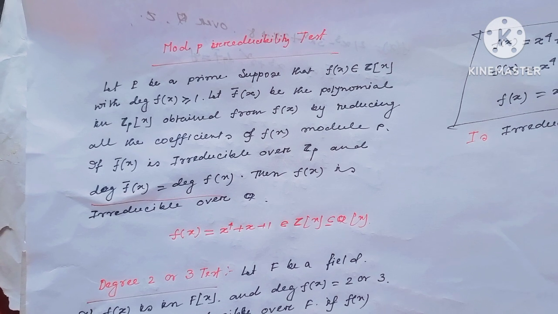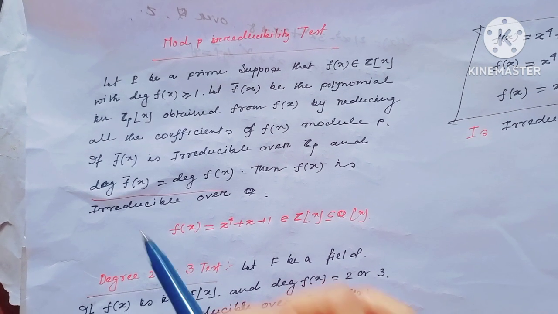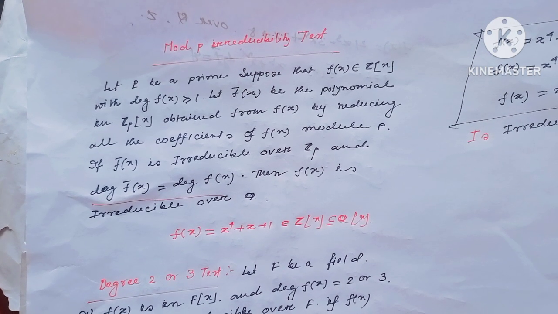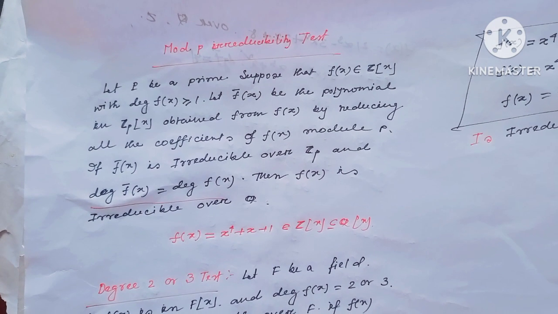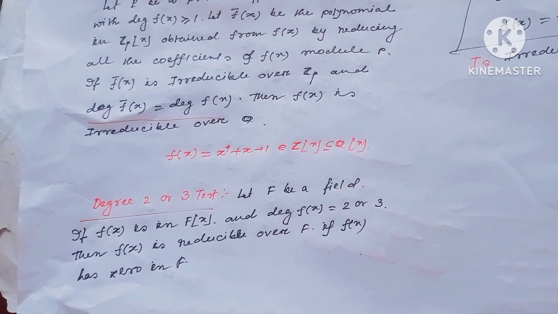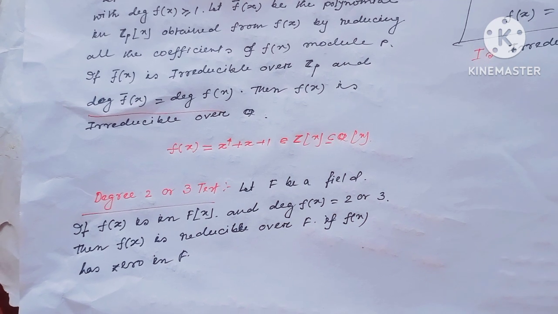If this f bar is irreducible over Zp, and degree of f bar equals degree of f, then we can tell this f(x) is irreducible over Q. Also, we all know the degree 2 or 3 test. What is the degree 2 or 3 test?